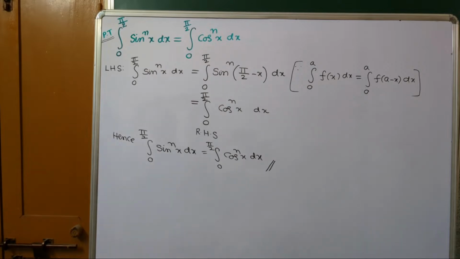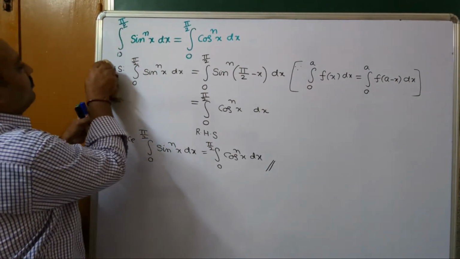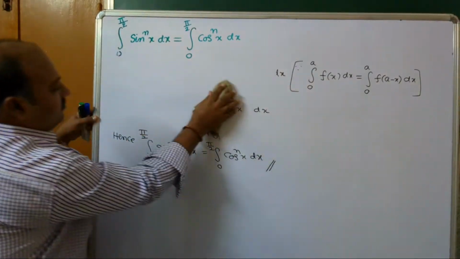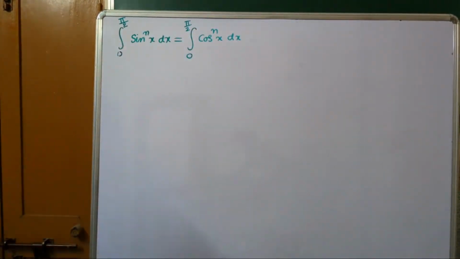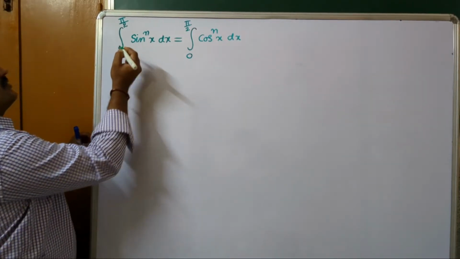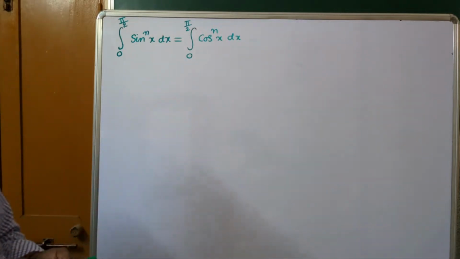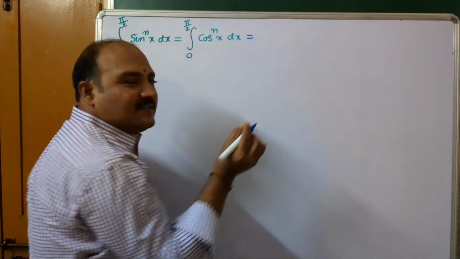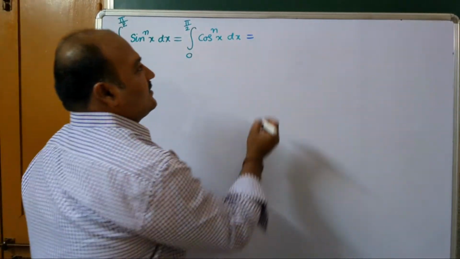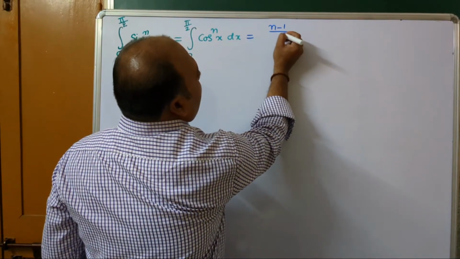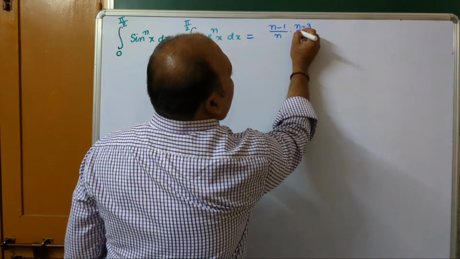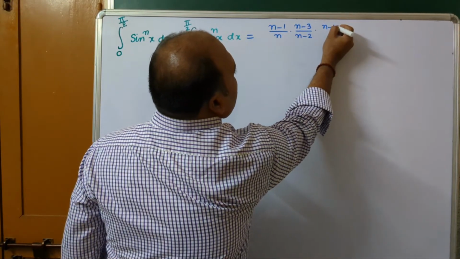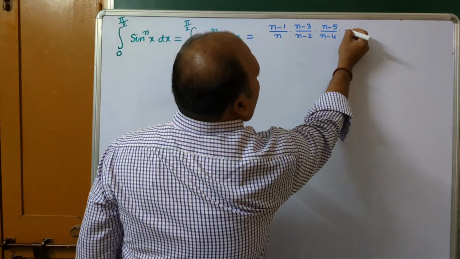So integral 0 to pi by 2 sin power nx dx or cos power nx dx is equal to, based on whether n is an even number or an odd number, we have formulas: n minus 1 divided by n, in the numerator subtract odd numbers, n minus 3 divided by n minus 2, n minus 5 divided by n minus 4, and so on.